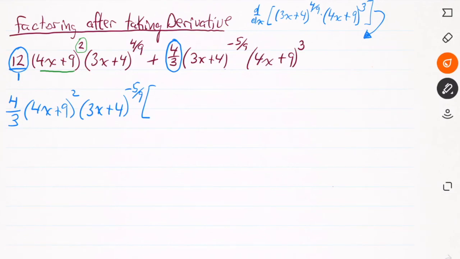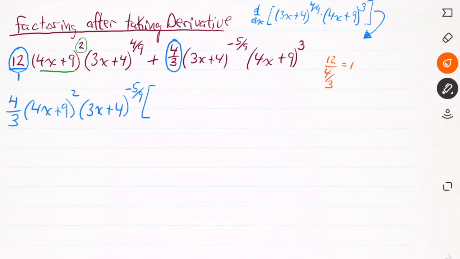All right, now that we have the greatest common factor pulled out, what's left behind is found by division. So I'm just going to do this one piece at a time. So the first thing I'm going to divide by is 4/3 into both of the coefficients. So the first one will be 12 divided by 4/3.